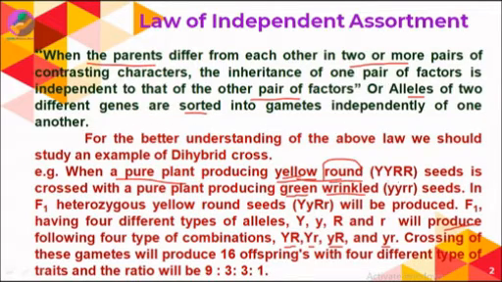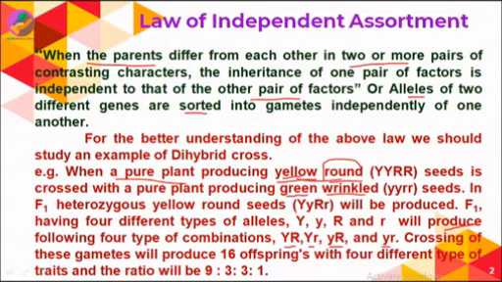So when in a dihybrid cross, such homozygous pure yellow round and green wrinkled parents are selected and allowed to cross, in the F1 generation they will produce offspring which are heterozygous, meaning they contain alleles from both parents.